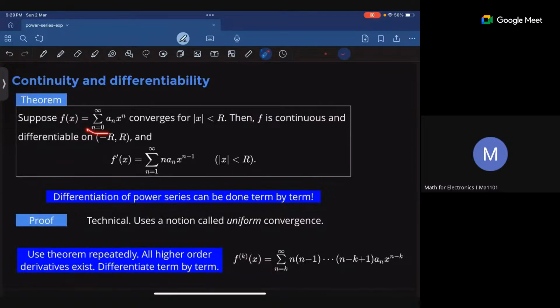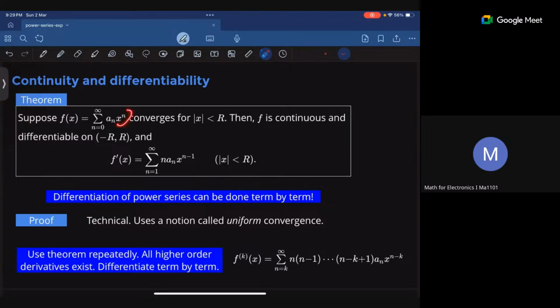If you have a power series like this, and if it is converging in some interval, then f is continuous and differentiable in that interval. And what we can write is, you can take the derivative of each term separately, and you will get something like this.